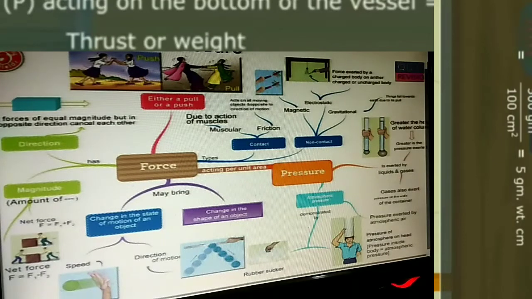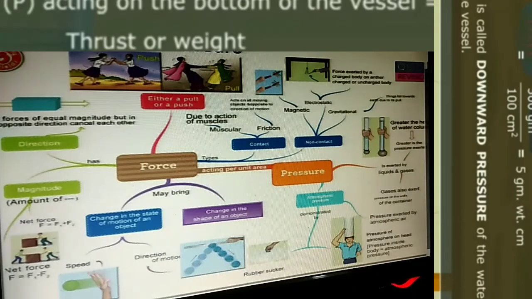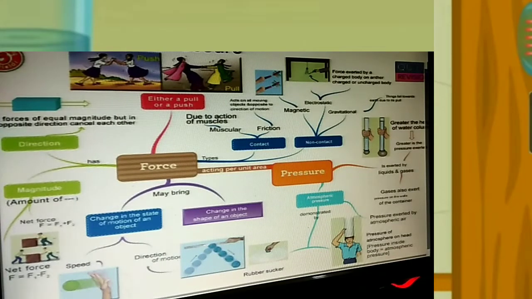Now what do you mean by the net force? Net force is that force which causes some effect on the object, which is also known as the resultant force. If two or more forces are acting on an object in the same direction and all the forces are added up, the resultant force is the sum of all the forces that helps in gaining the speed of the object and it moves faster.